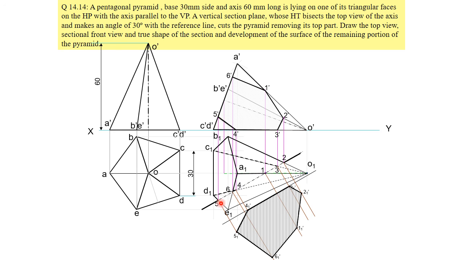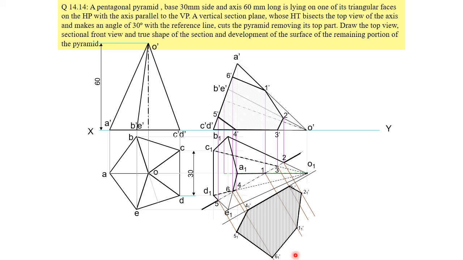And similarly 1, 2 dash, 4 dash, 2 dash, 3 dash, and the next is over here 5 dash. You will get 5 dash from here to here, and 6 from this to this, you will get over here. And last is 5.